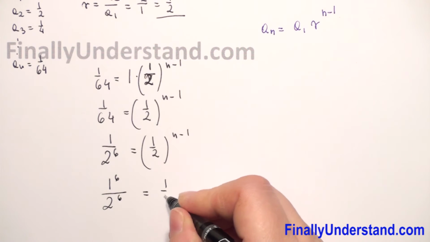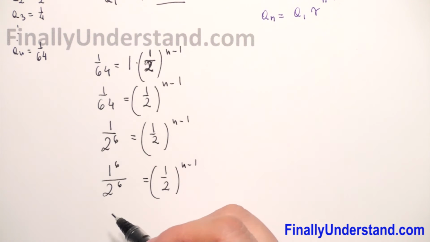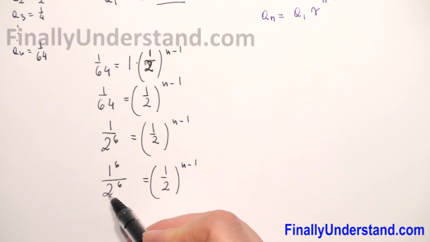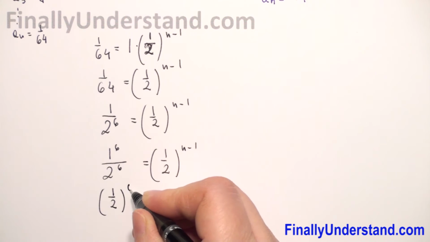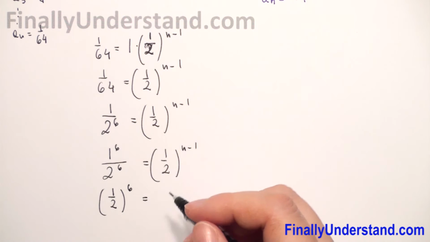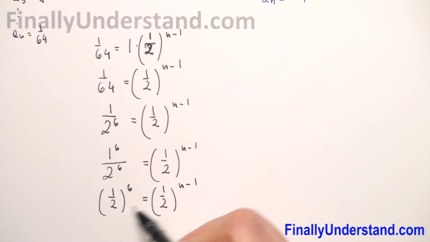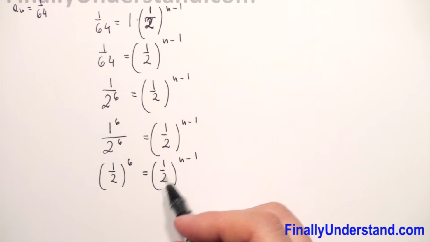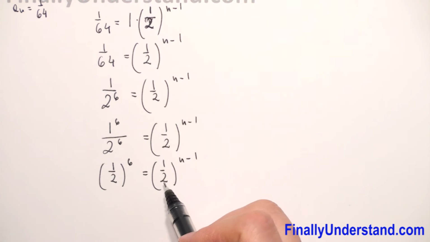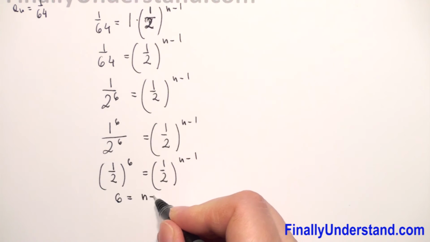This is equal to (1/2) to the power n minus 1. Because we have the same base, we can forget about the base and compare only the powers: the left side will be equal to the right side when 6 is equal to n minus 1.